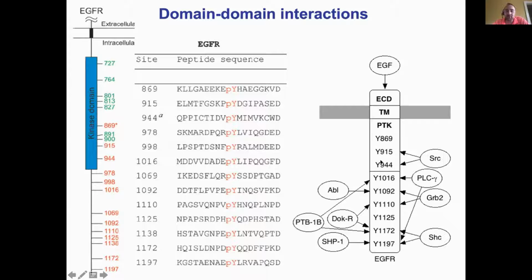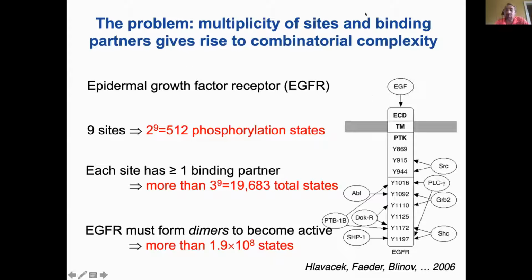And here, all this information is available, and even all the rate constants are available. But you end up with what is called combinatorial complexity, an explosion in the number of states.